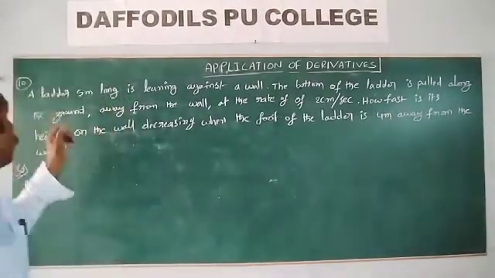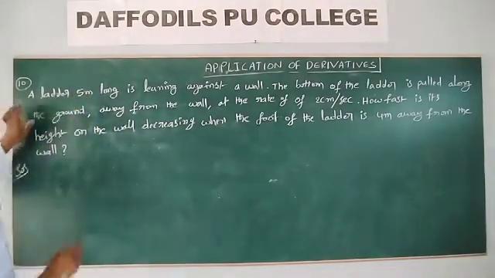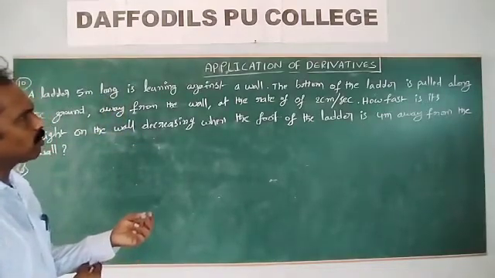Let's read the question. A ladder 5 meter long is leaning against a wall.